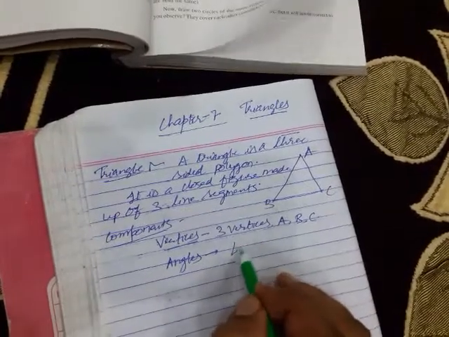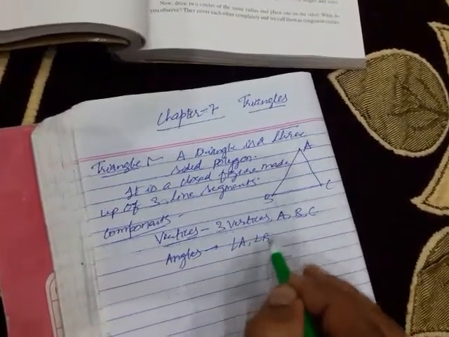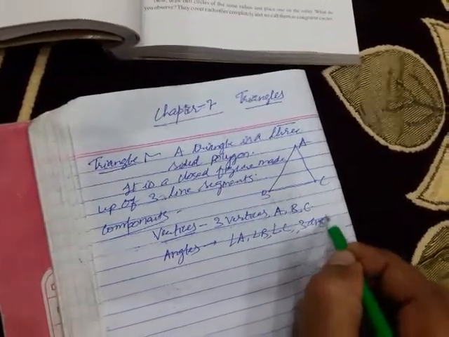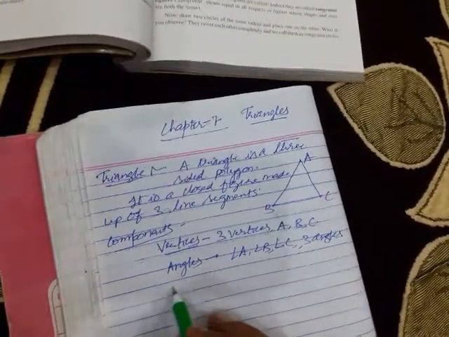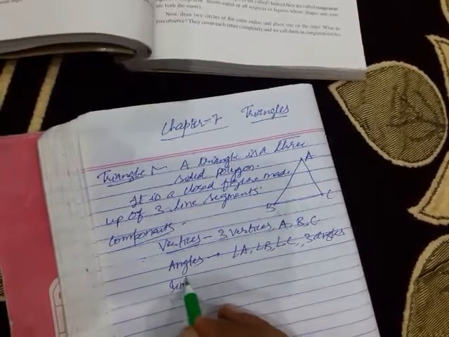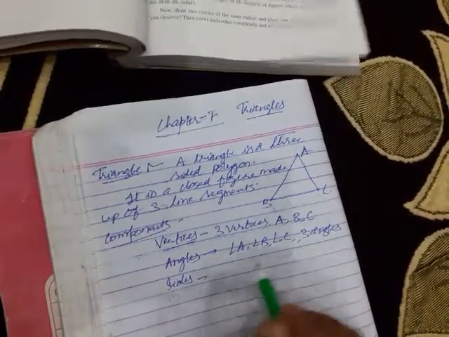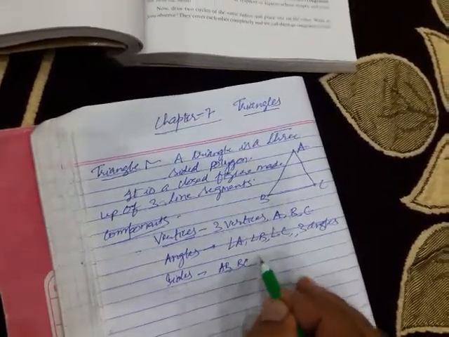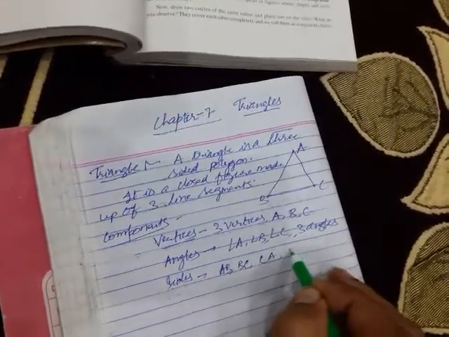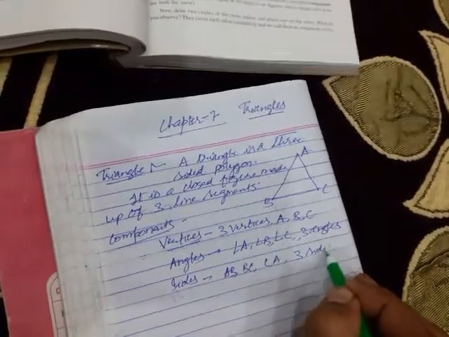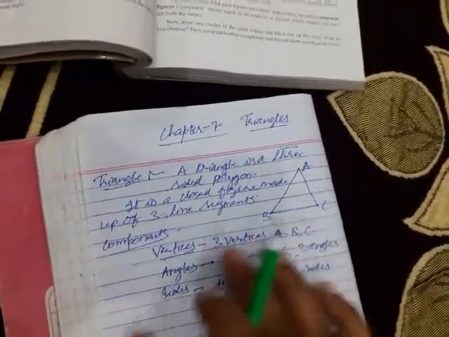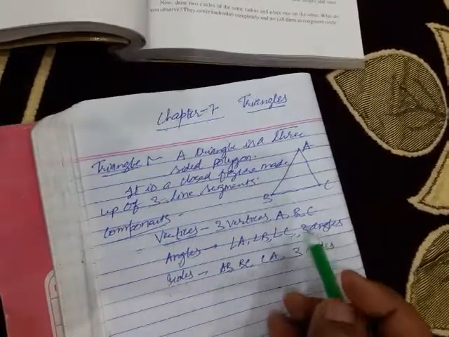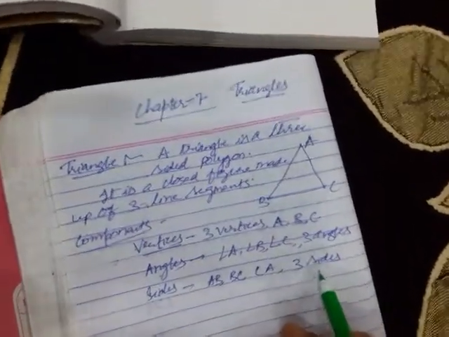There are three angles: angle A, angle B and angle C. Then sides. How many sides are there? There are three sides: AB, BC and CA. So the components: three vertices, number of angles 3, number of sides 3.